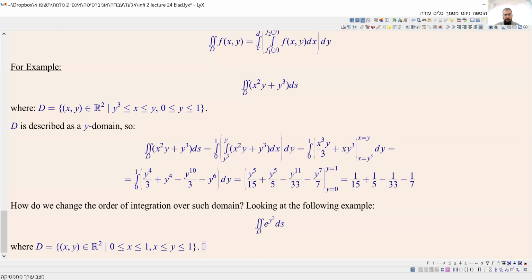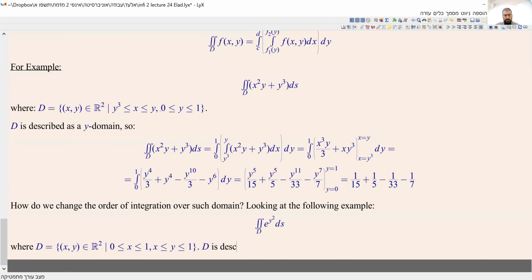So D is described as what I called an x domain.